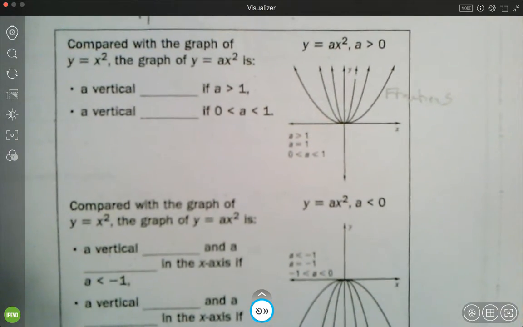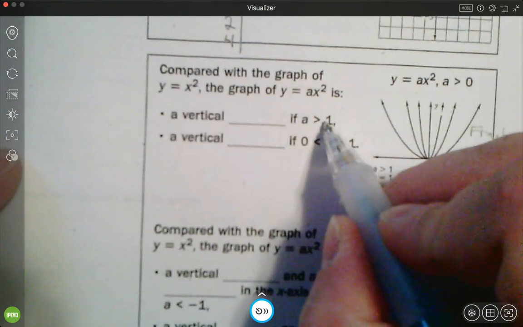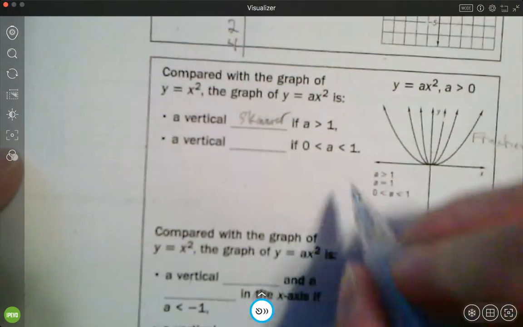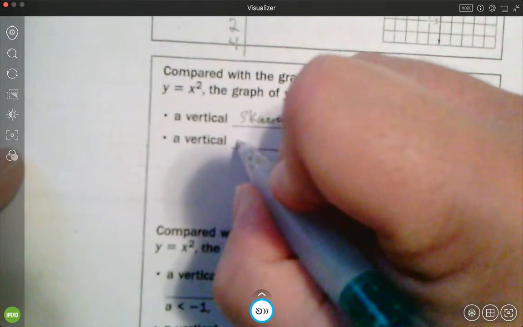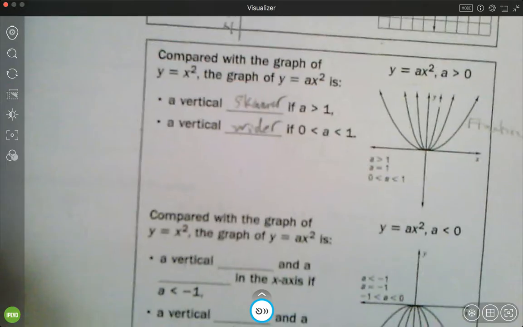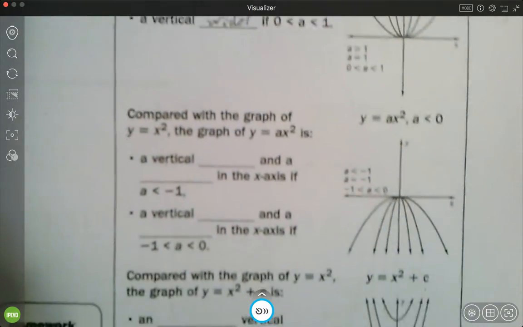So that's what this says here. If A is greater than 1, it's going to get skinnier. And if A is a fraction, it's going to get wider. And then if you look here, same thing.